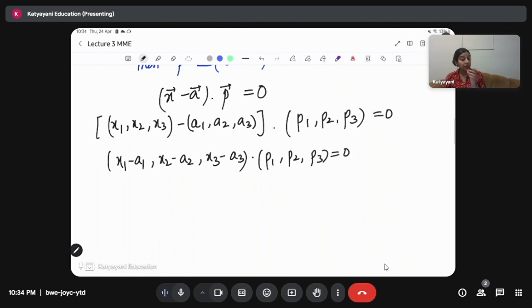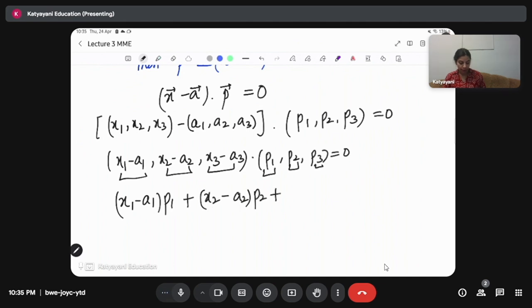In the dot product, I multiply the corresponding elements. So this component would be multiplied with this, then add to it this multiplied with this, and then add to it this multiplied with this, right? So what we're saying is x1 minus a1 into p1 plus x2 minus a2 into p2 plus x3 minus a3 into p3 is equal to 0, right?